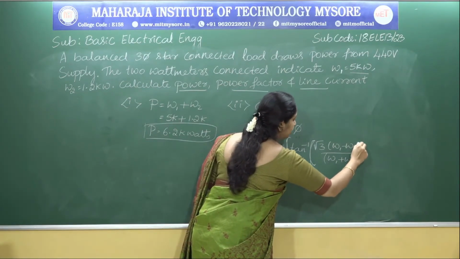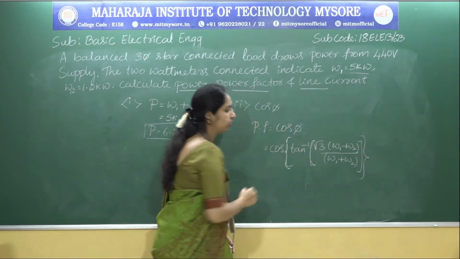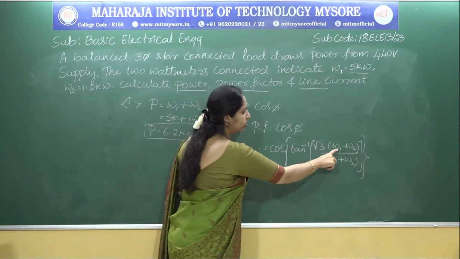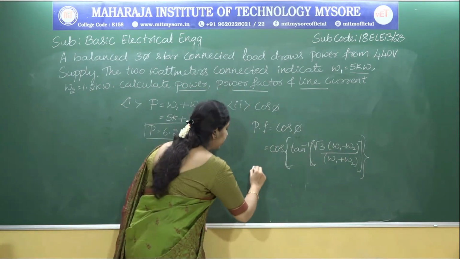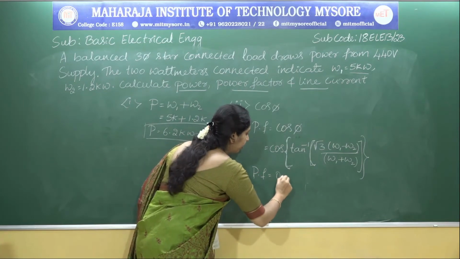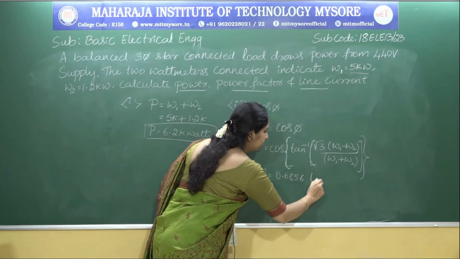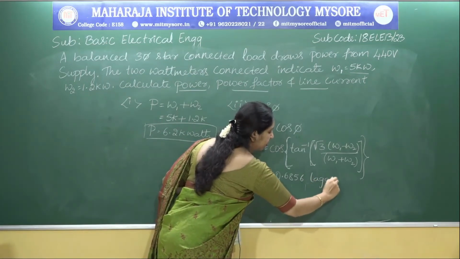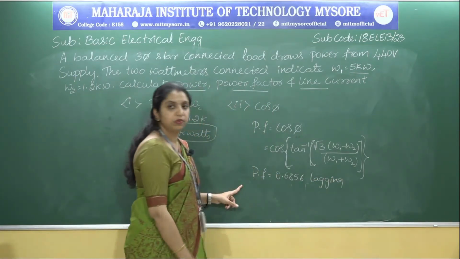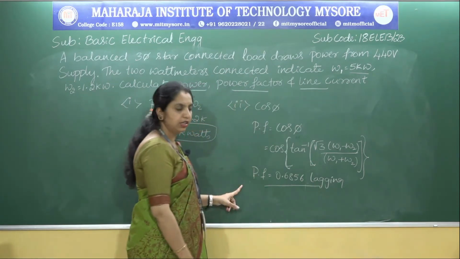By substituting the values of W1 and W2, we can calculate the power factor, and we get 0.6856, which is lagging.